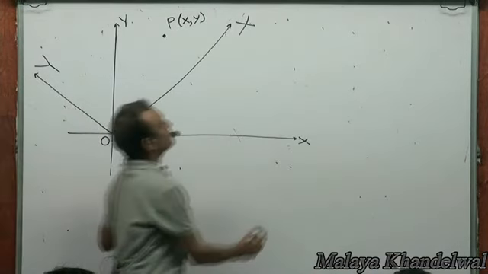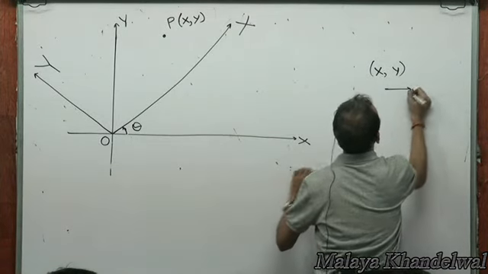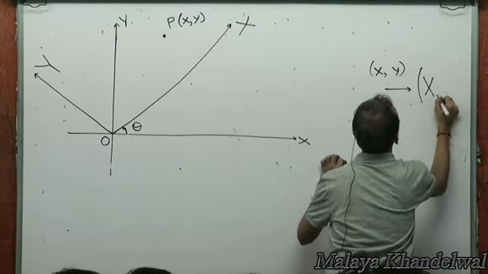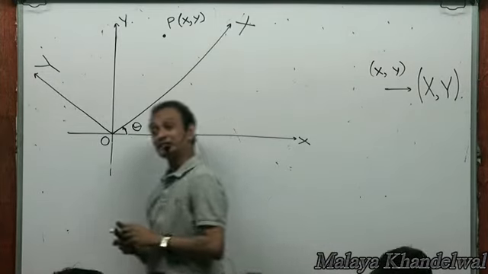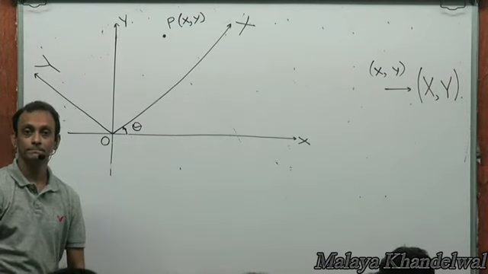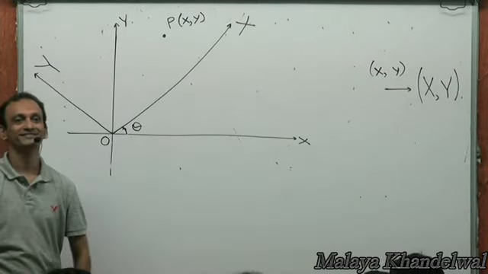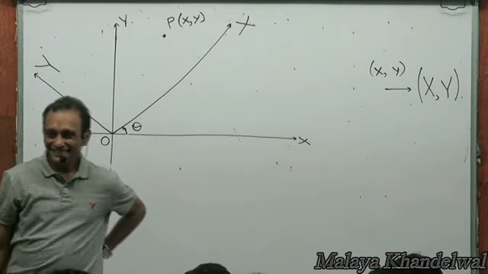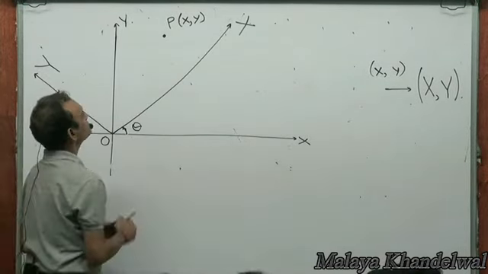I want to go from small x small y measurement in the old system to measurement in the new system. I want to migrate from small x small y to capital X capital Y. Have I confused you? No? Then shall I try?